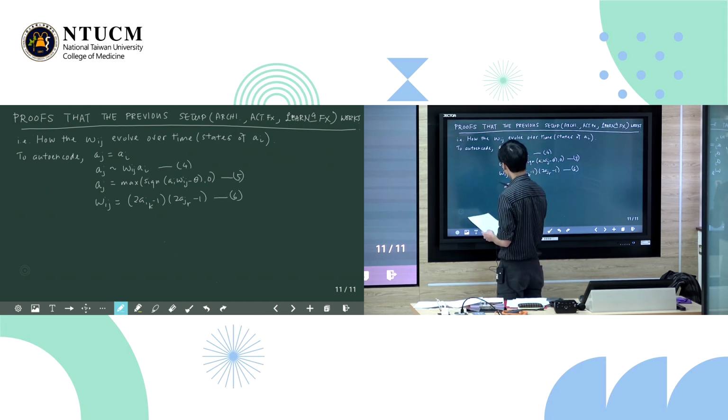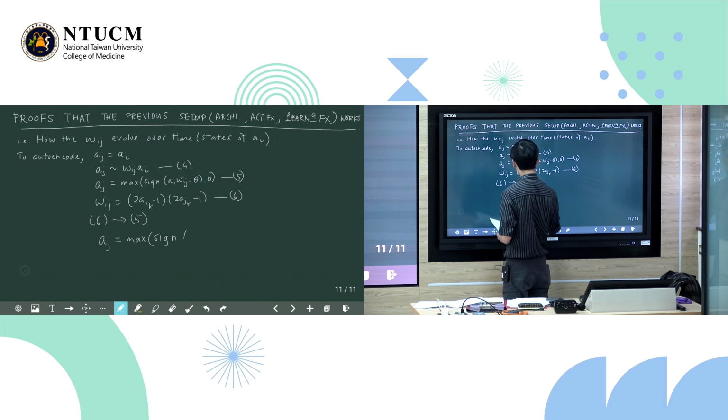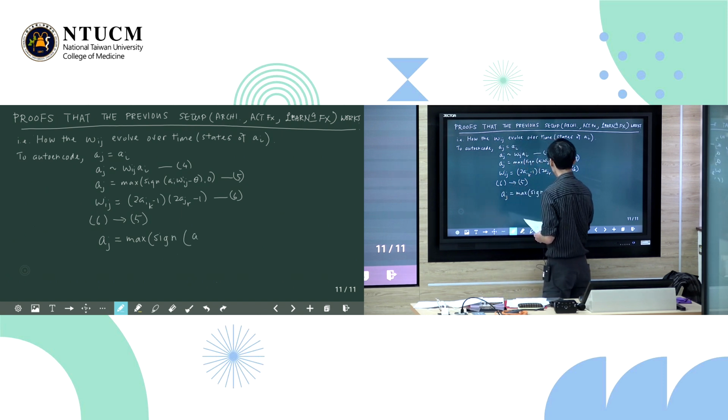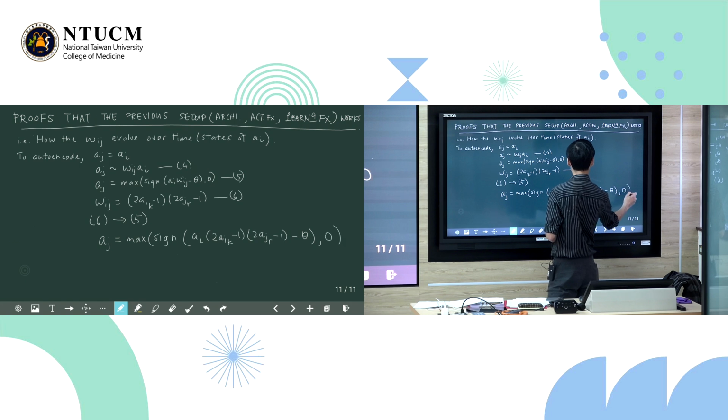And so if we put 6 into 5, we get Aj is equal to the max of the sign of AI, 2aik minus 1, 2ajr minus 1, minus theta, 0.